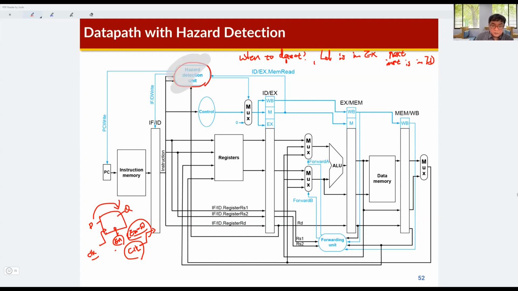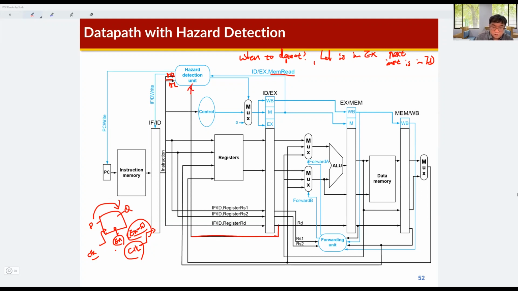so this slide has the hazard detection unit, and as you can see, this hazard detection unit receives the instruction's RS1 and RS2, and what's that? It's the MemRead signal. So it is required to identify the load instruction. And then you can find this signal, and what is this?